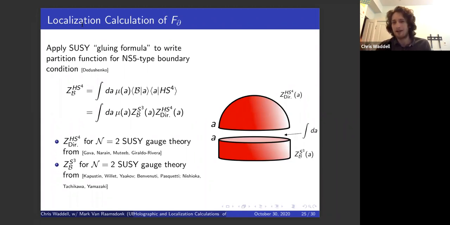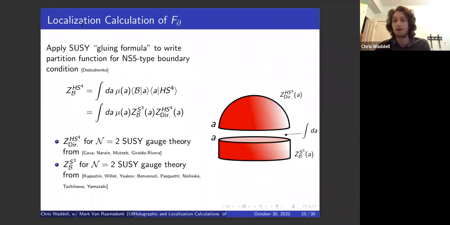So materially, what this amounts to is we can write the partition function for this theory as some simple integral over a set of bulk zero modes, which correspond to the localization locus when we perform supersymmetric localization of the theory on the hemisphere.